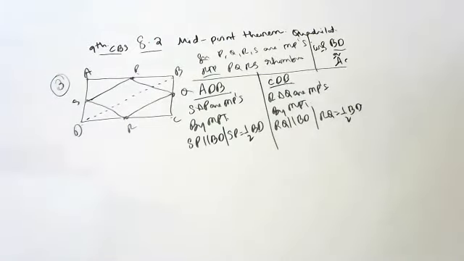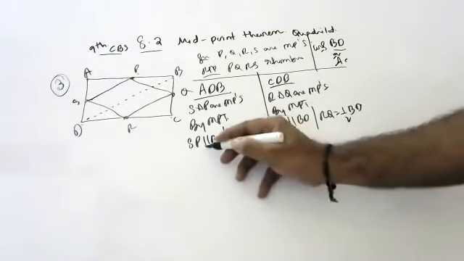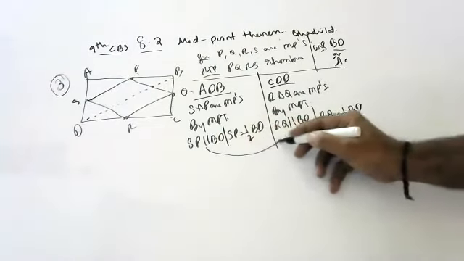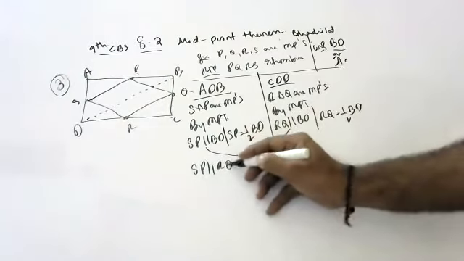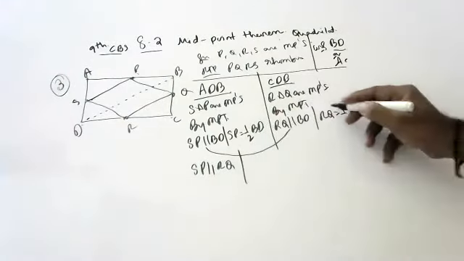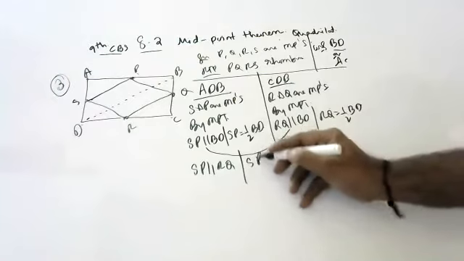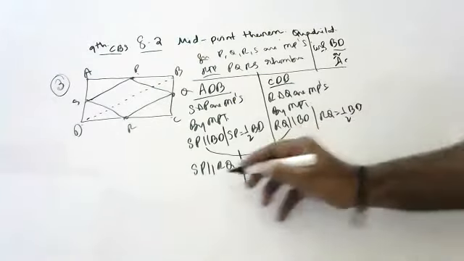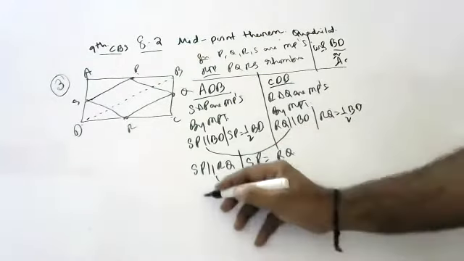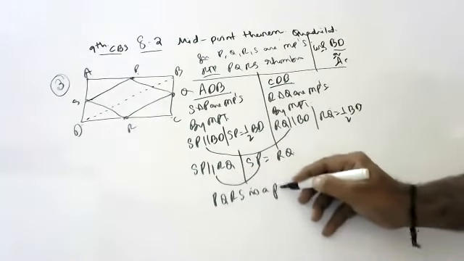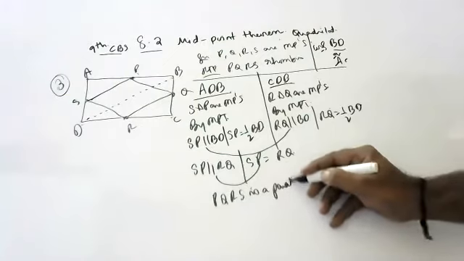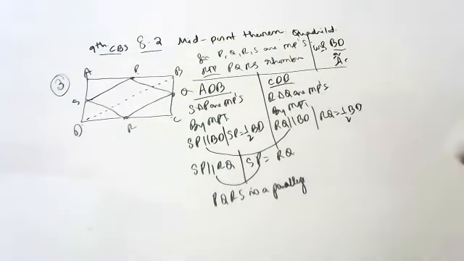So SP is parallel to BD and RQ is parallel to BD, so SP is parallel to RQ. SP is half of BD and RQ is half of BD, so SP is equal to RQ. Opposite sides are equal and parallel, which means it is a parallelogram.